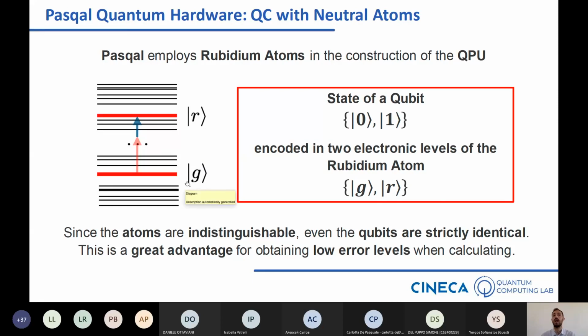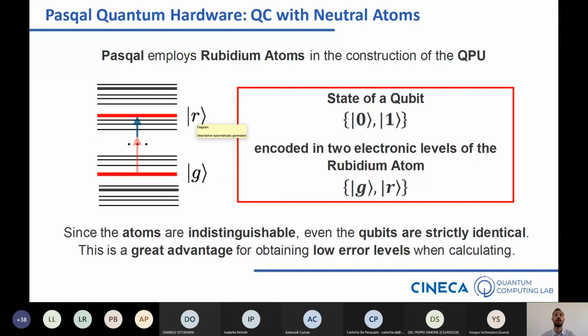G stands for ground, and R is an excited state. Your atom starts in the ground state. Then, if you give it some energy, if you shine some photons, which means some laser, it acquires energy and stays in the R state, which is the 1 qubit state.